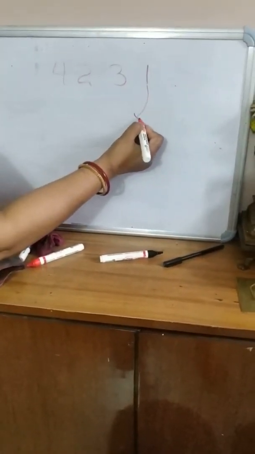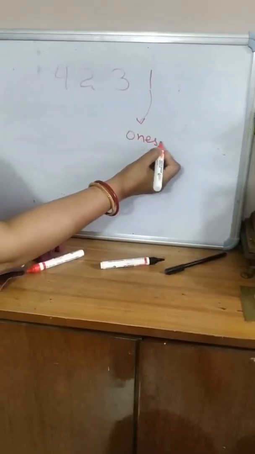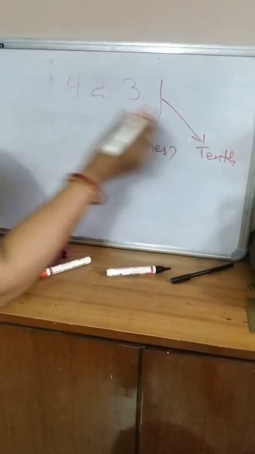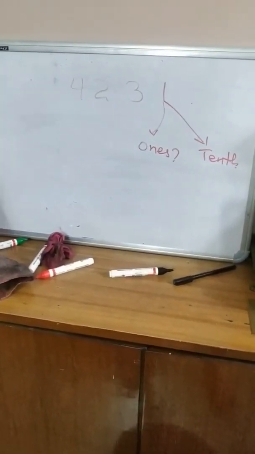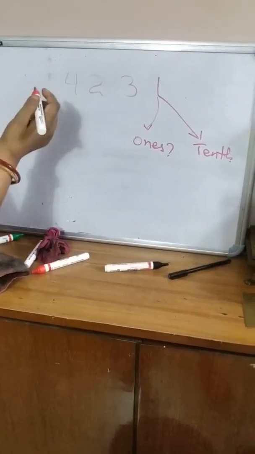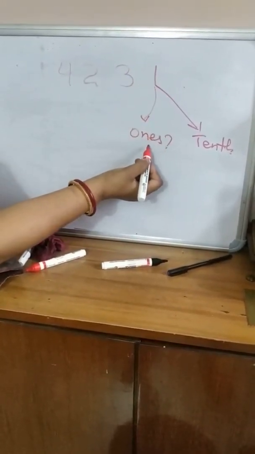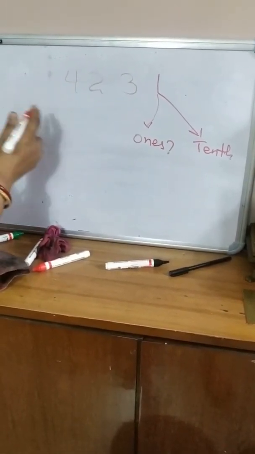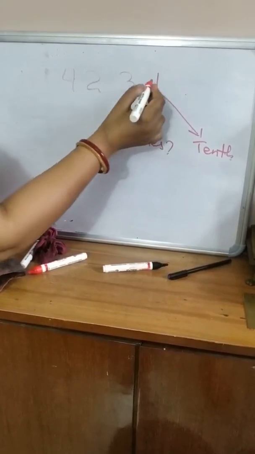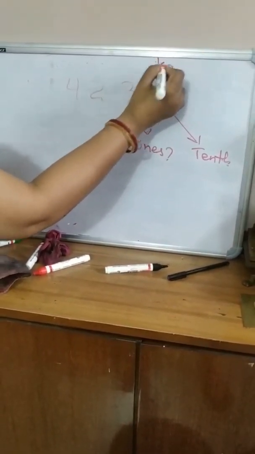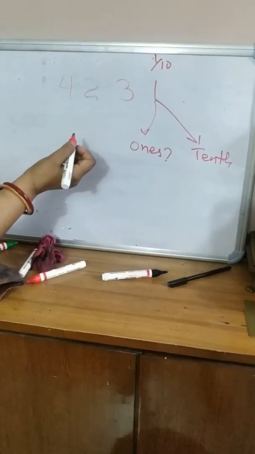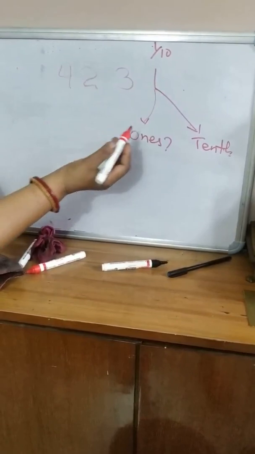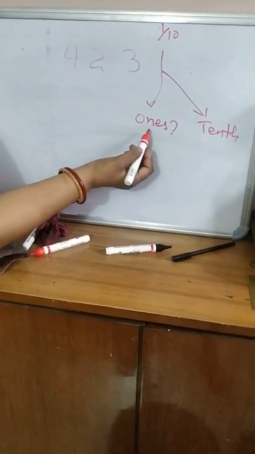Is it ones or is it tenth? What is the place value in between these ones? Whether it is ones place or tenth place. Let us see. The place value of this one is 1 by 10. So when we represent 4, 2, 3 and 1, is this 1 at the ones place or tenth place?